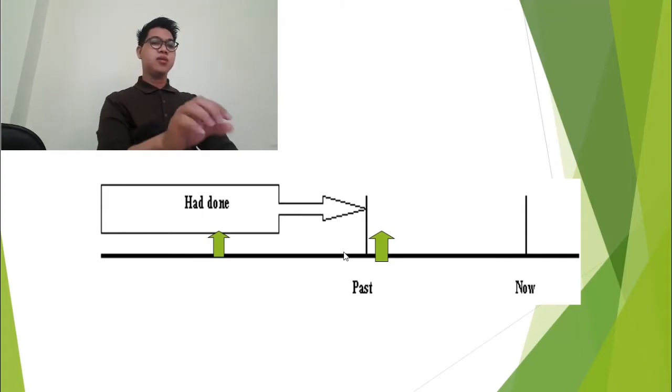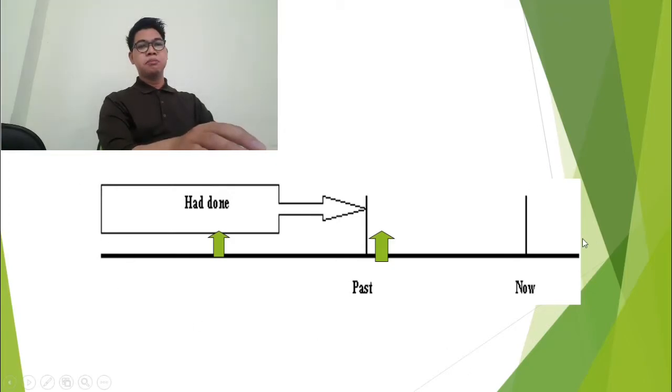Maybe this drawing can help you understand the past perfect more deeply. This is the past, and this is the present. This is the past perfect. The past perfect is an action that happened before the past action, or another past action.